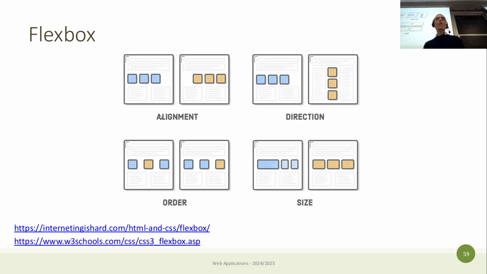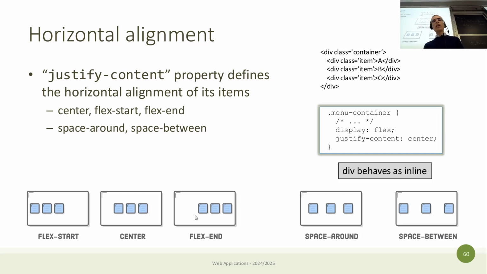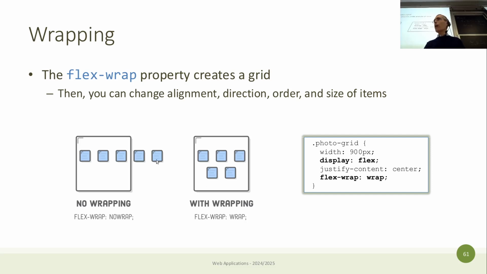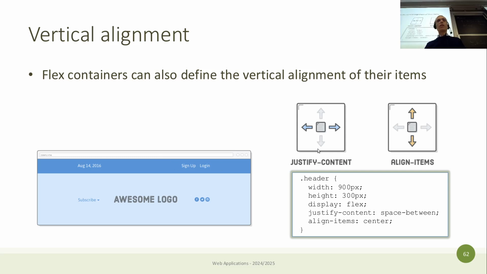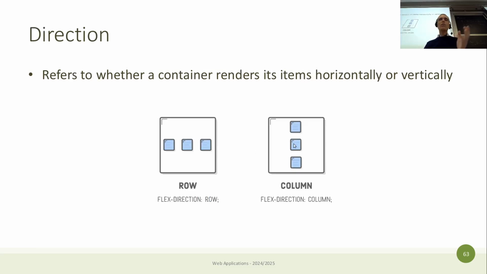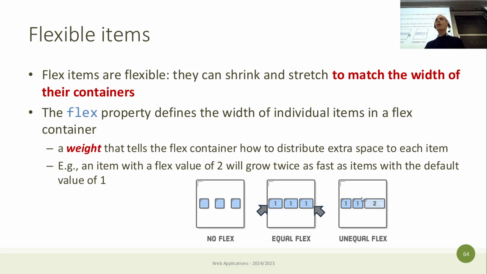We can decide the alignment, left, right, direction, top, bottom, horizontally, vertically, the order, the size, etc., with pretty intuitive rules. Justify content: leave them at the center, left, right, and stuff like that. Wrapping, no wrapping. Direction, row, column. Equal or unequal: I want to have something which is double the size of the others, and stuff like that.